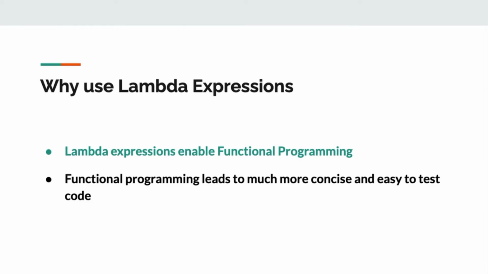Well, one of the biggest advantages of functional programming is brevity. It leads to a lot more concise code. Now, I don't mean concise in a small way, and we'll see the example of that in just a minute. But the code written in the functional way will be extremely concise, and while reading it, you will immediately get to the heart of the logic that we are trying to implement.